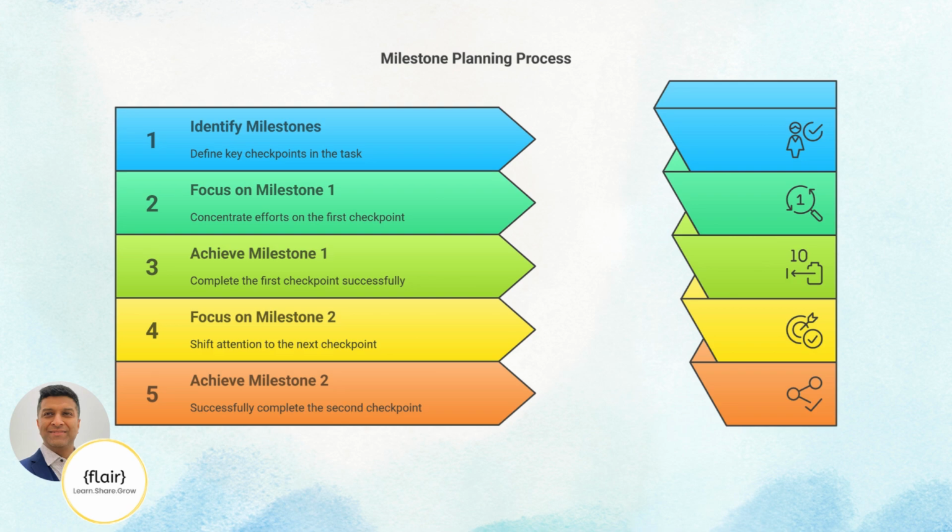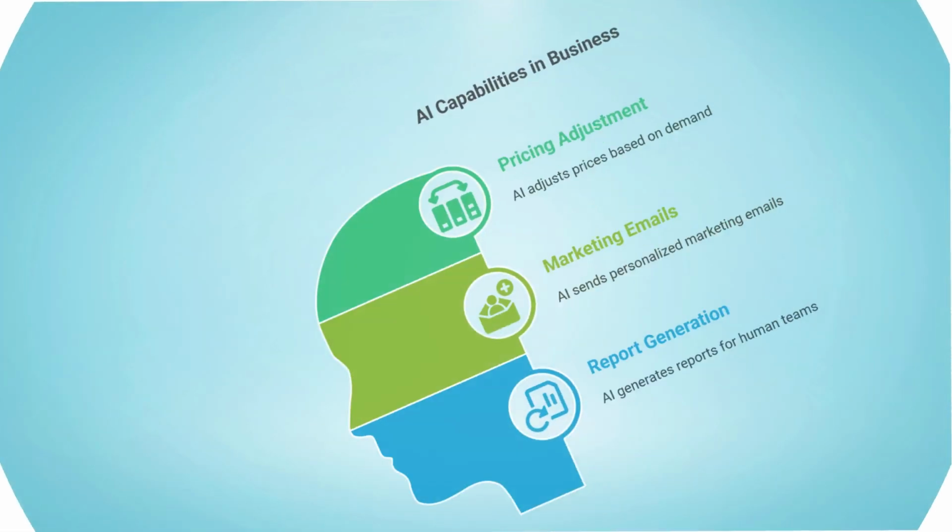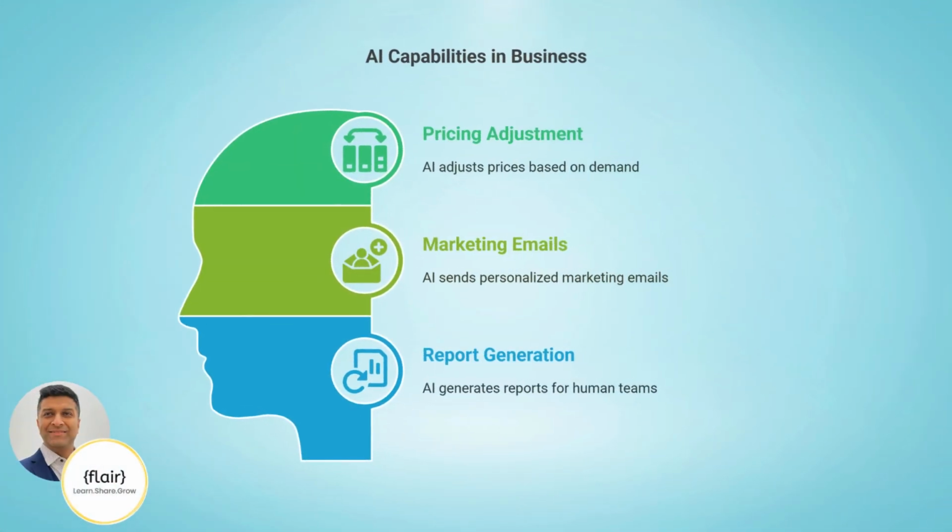And once the plan is in place, the agent needs a way to act. That's where tool use comes in, one of the most exciting aspects of agent systems. Agents can be given access to external tools, APIs, databases, web searches, or even physical robots. For example, our Biv wouldn't just analyze sales data.